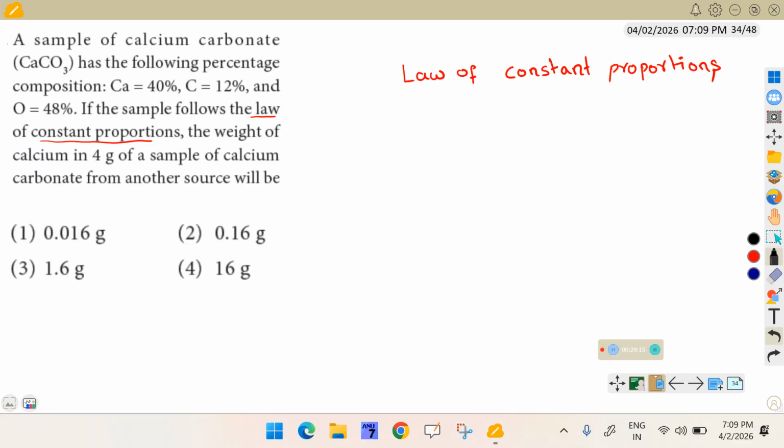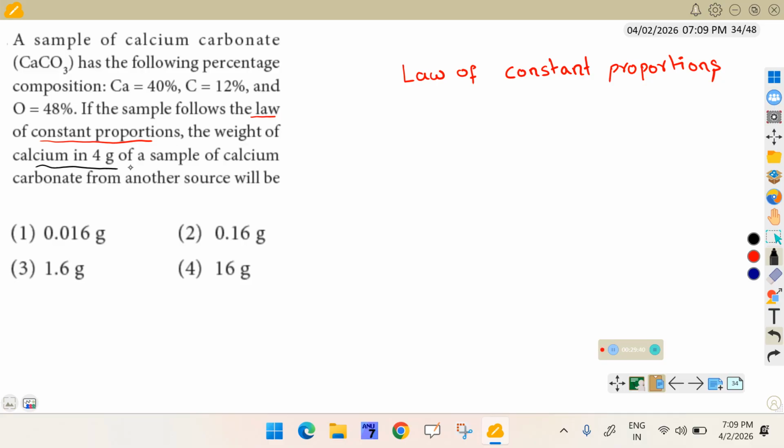A sample of calcium carbonate has the following percentage composition: Ca 40%, carbon 12% and oxygen 48%. If the sample follows the law of constant proportions, the weight of calcium in 4 grams of a sample of calcium carbonate from another source will be? It follows the law of constant proportions.